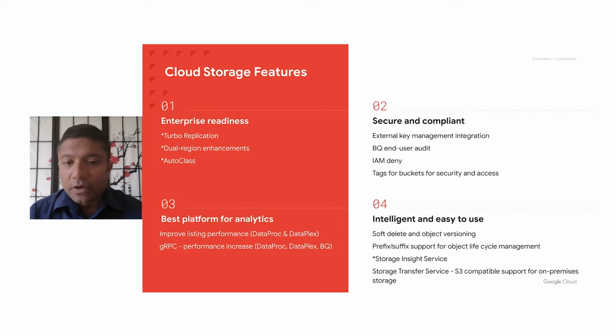Our storage insight service we'll dive a little bit deeper into later in the content. And then our storage transfer service has made huge enhancements where now they can migrate data from any S3-compatible object store that might be sitting on-prem. That really helps our customers bring data from their on-prem environment into GCP, or into Google Cloud Storage, giving them the flexibility they need and more power of our cloud storage capability.